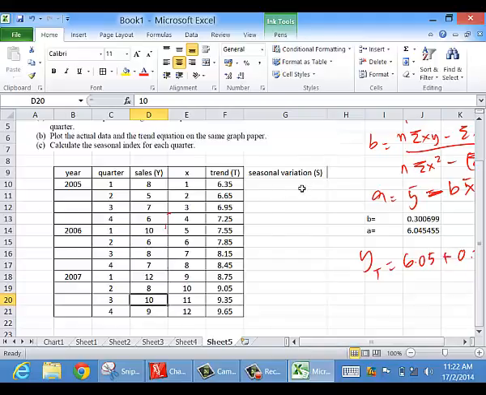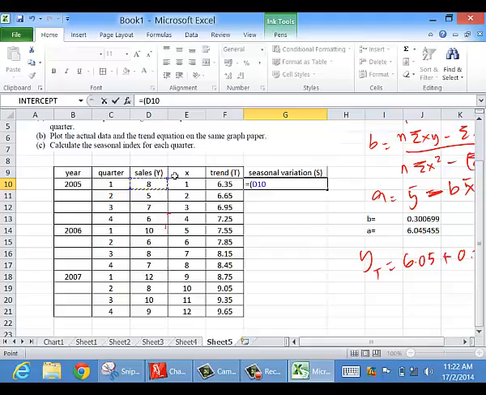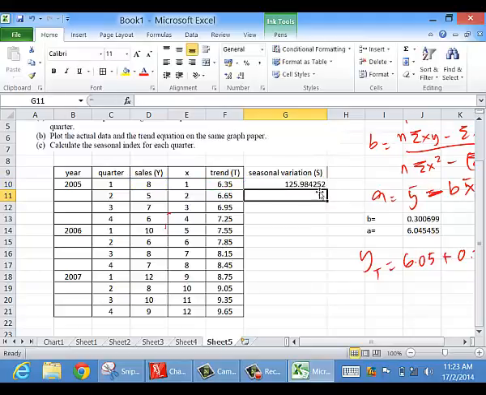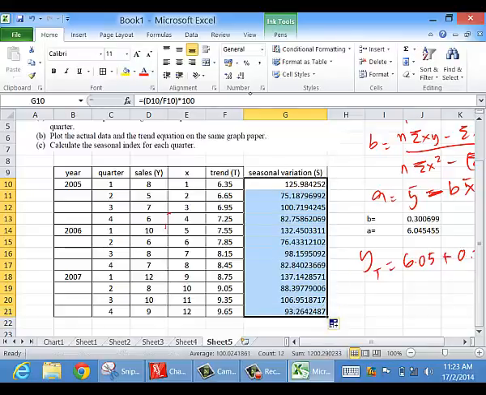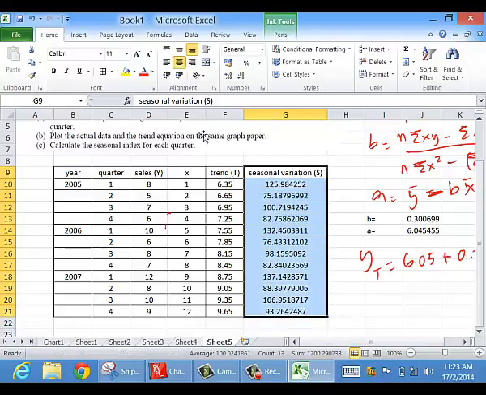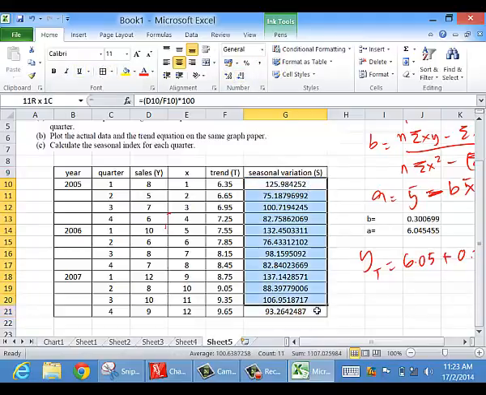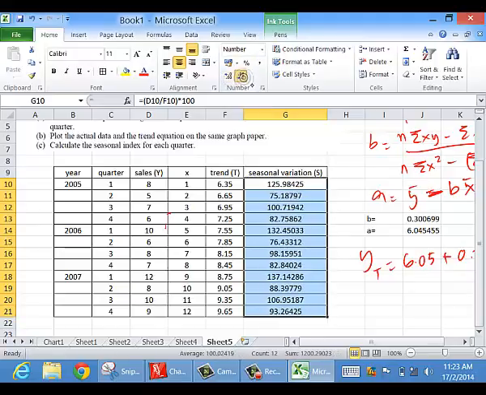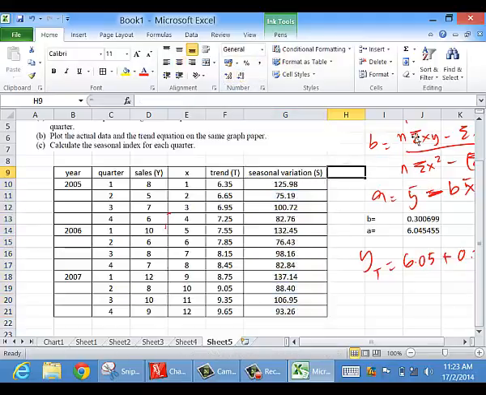Right? So Y divided by T multiply with 100%. So di sini you dapat 125.98. So for all time period. Right, dapat? Boleh good?